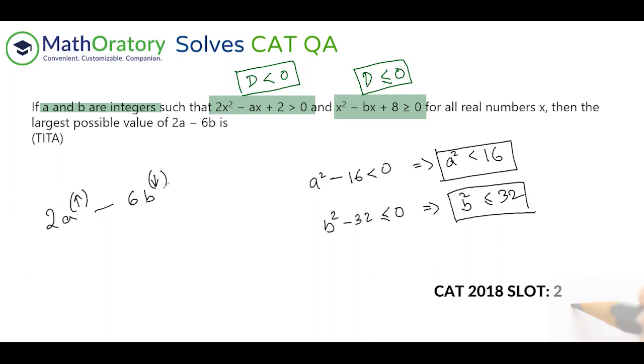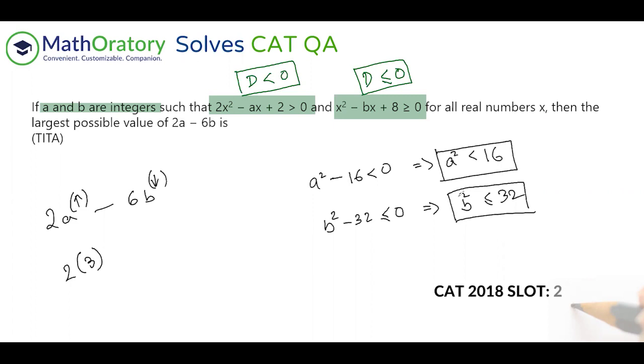Substitute the values. The highest value of a that satisfies this condition, taking positive, and remembering that a and b are integers, is 3. We minimize b so that the value increases more, so we take negative, and the maximum magnitude we can take is minus 5, because they're integers.